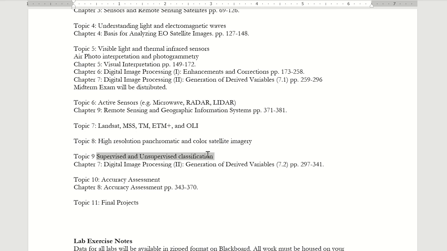We'll then look at supervised and unsupervised classification. This is really a process of grouping different pixels in a remotely sensed image into a number of categories. And this can be useful for a number of different applications. One of the most significant is understanding land cover, broadly characterizing materials within a scene.